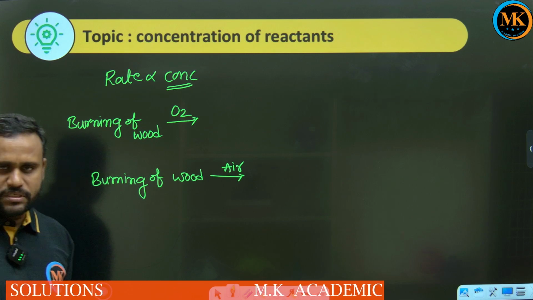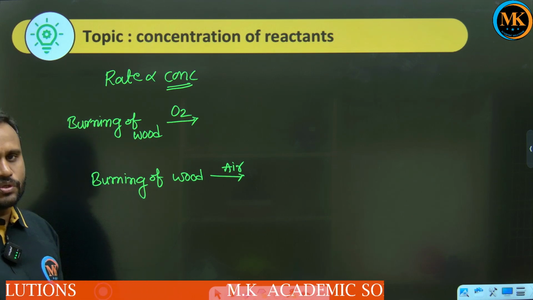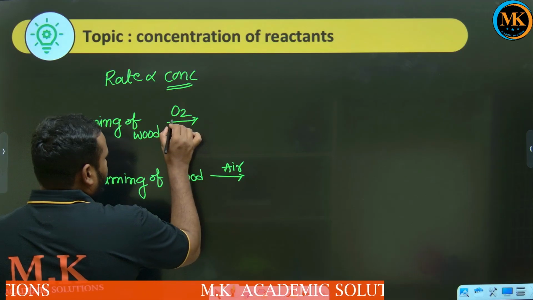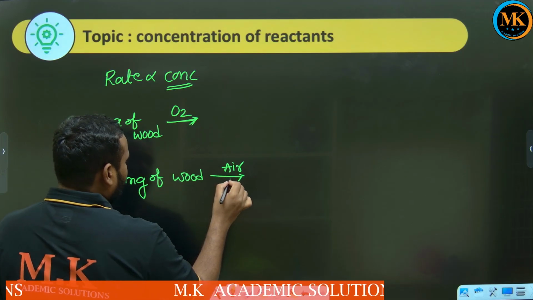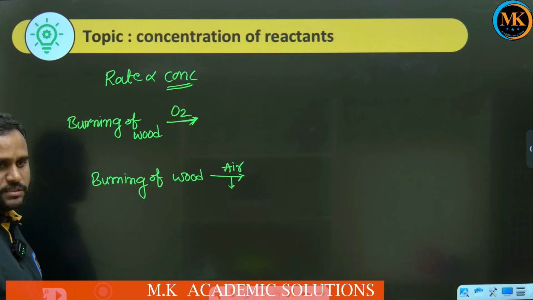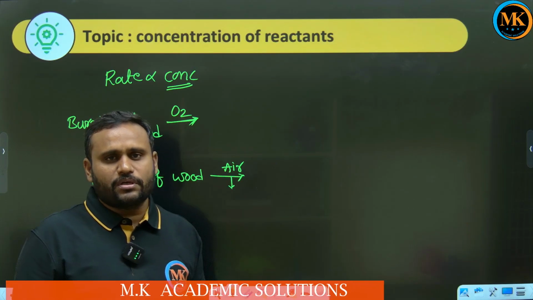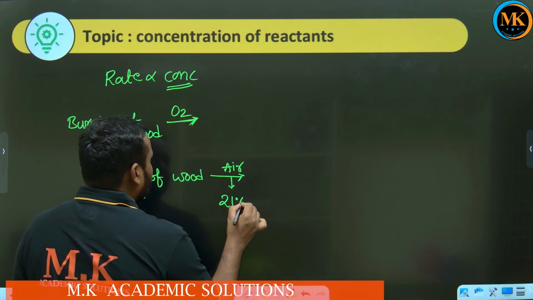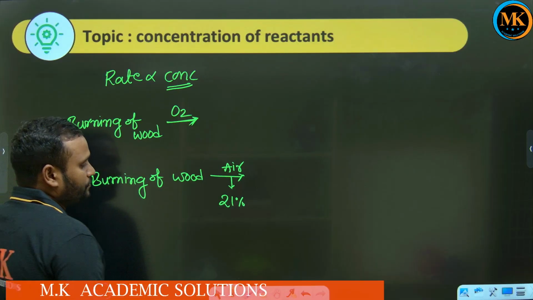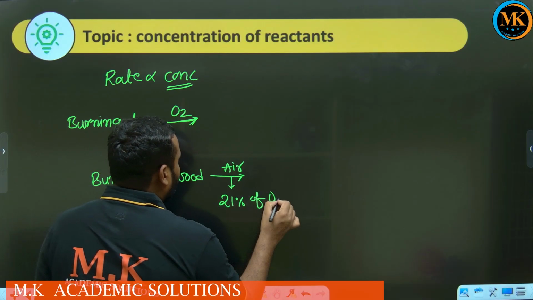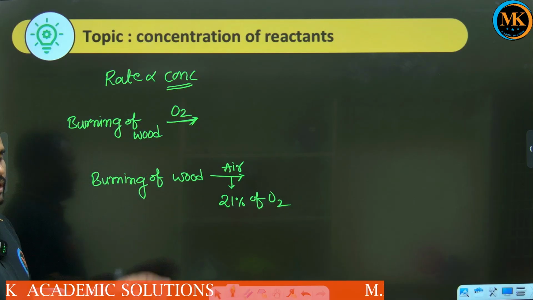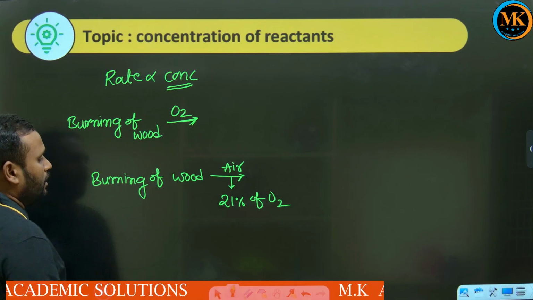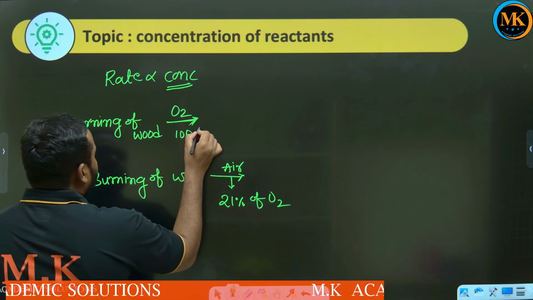So which is the fast reaction and which is the slow reaction? What is the difference between O2 and air? Air is a mixture of gases. So how much percentage of oxygen does it contain, children? Only 21 percent of oxygen. Here pure O2 means 100 percent oxygen is present.